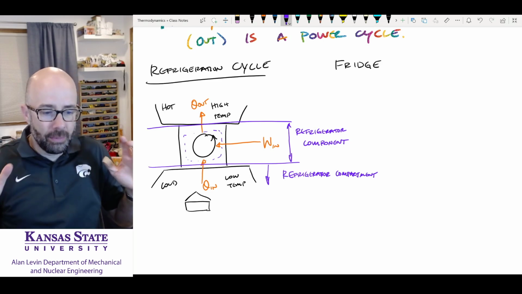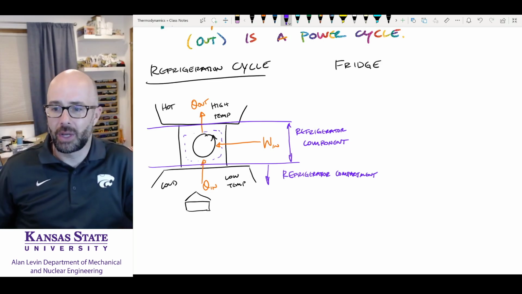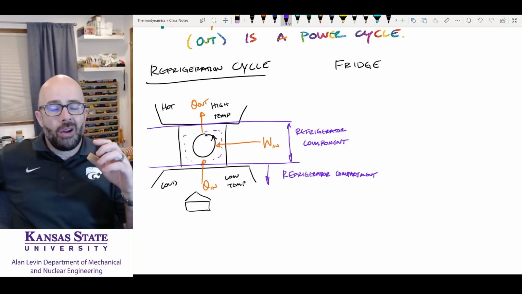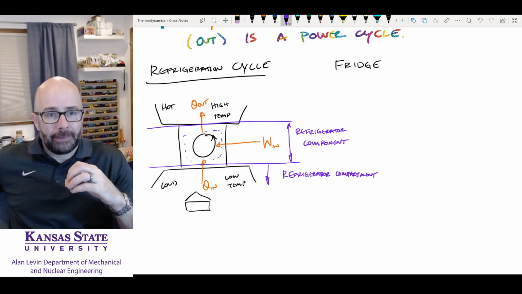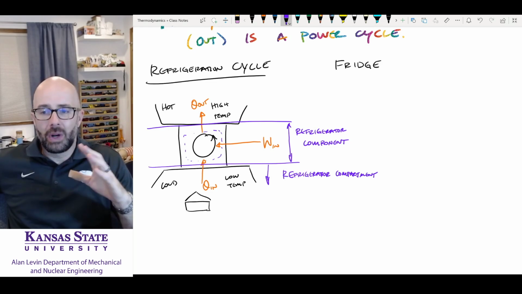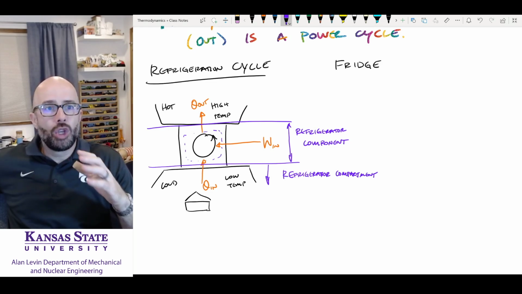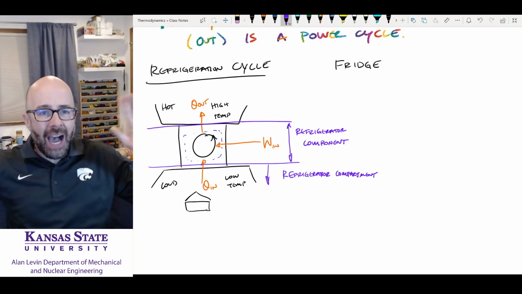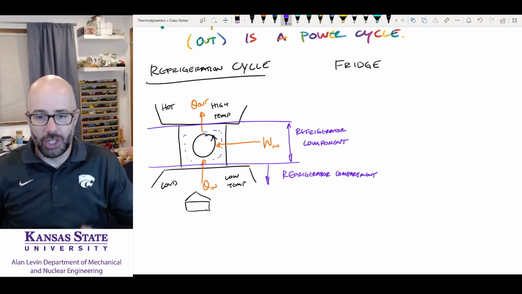All right, we're going to do one more thought experiment before I go on and talk about how we analyze this. Right now, where you are sitting, in your apartment, in your house, wherever you're watching it, let's pretend it's a really hot day outside and your air conditioner is running.